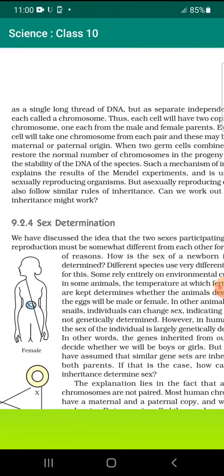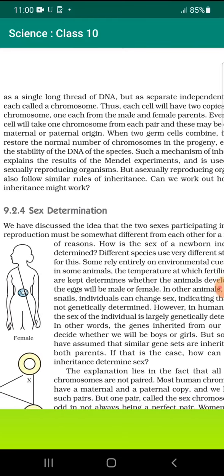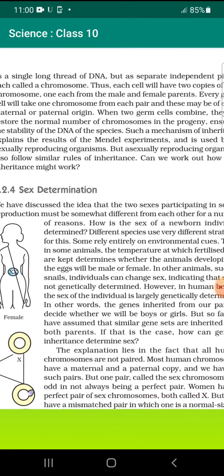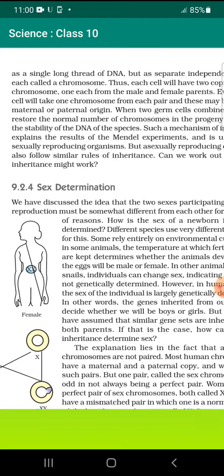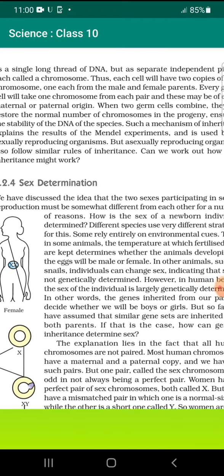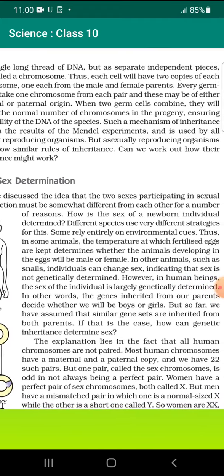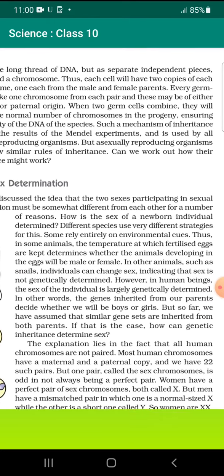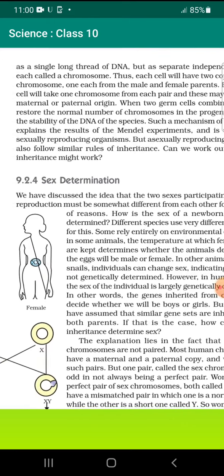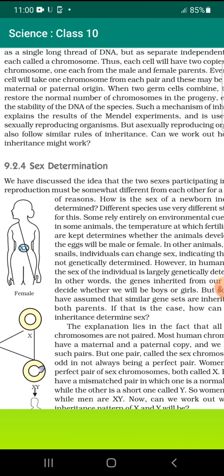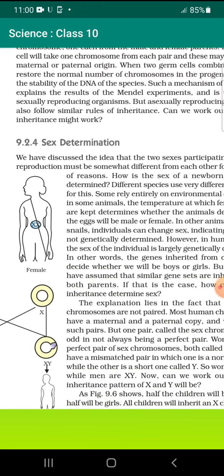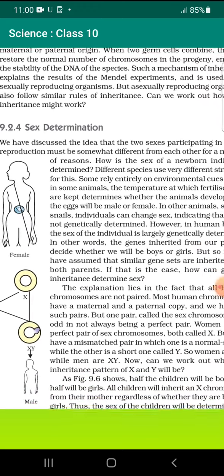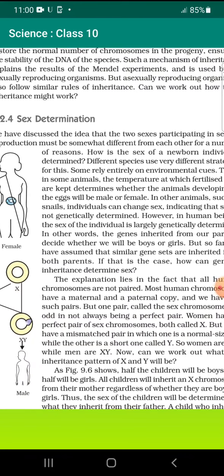Every germ cell will take one chromosome from each pair, and these may be of either maternal or paternal origin. When two germ cells combine, they will restore the normal number of chromosomes in the progeny, ensuring the stability of the DNA of the species.